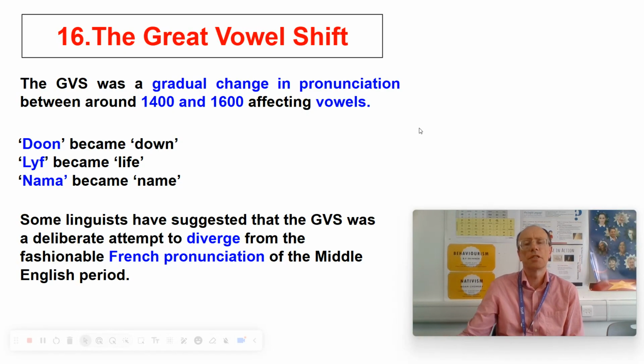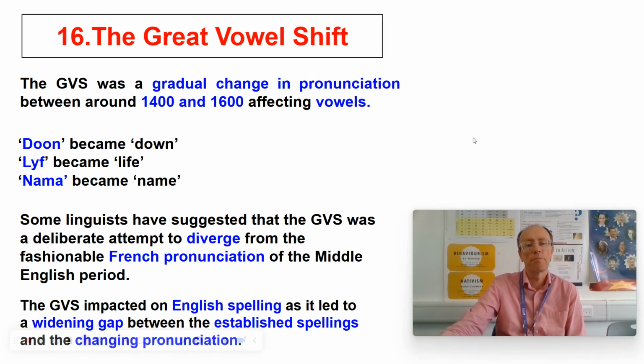Some linguists have suggested that the Great Vowel Shift was a deliberate attempt to diverge from the fashionable French pronunciation of the Middle English period, because if you've been to war with the French, you no longer want to sound French. So some linguists have suggested it's a conscious effort to diverge away from that medieval language of power.